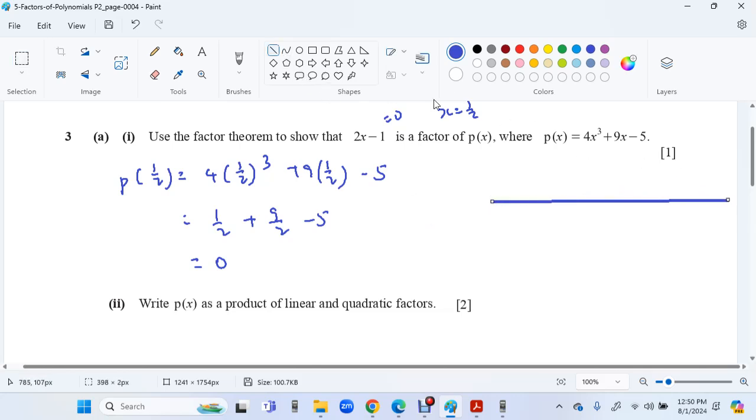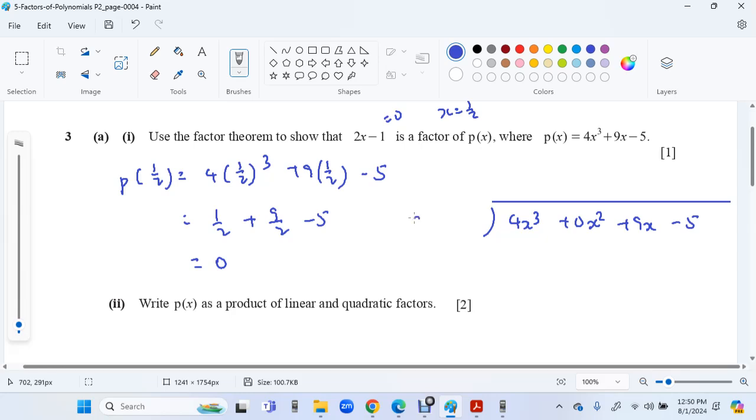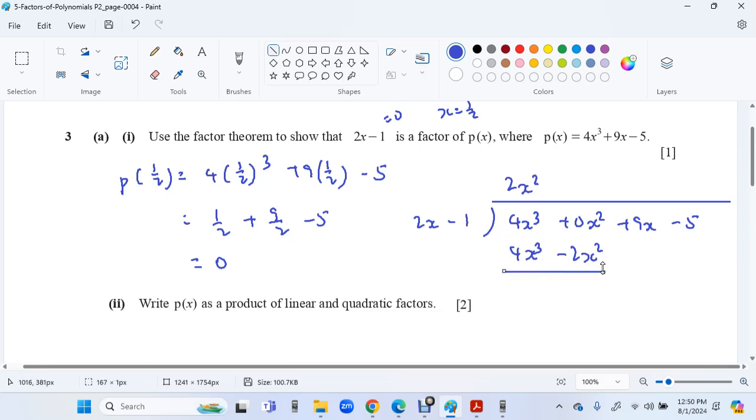Okay, since the polynomial is 4x cubed plus 0x squared plus 9x minus 5, the factor is 2x minus 1. Then we have 2x squared, 4x cubed minus 2x squared. Then 0 minus negative 2 becomes 2x squared plus 9x.